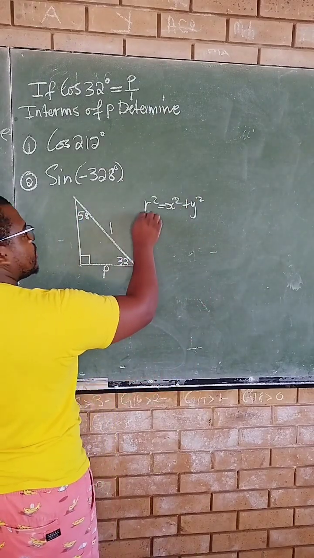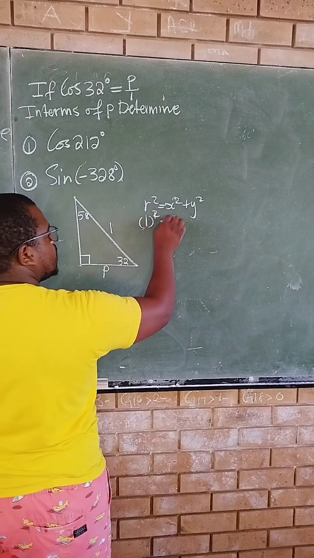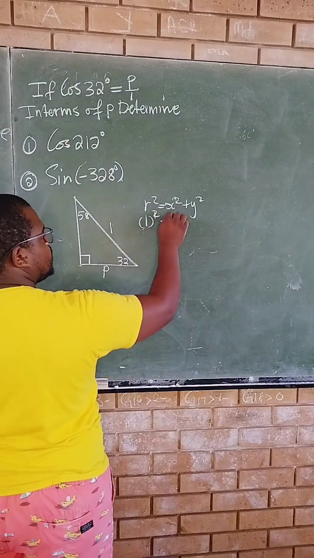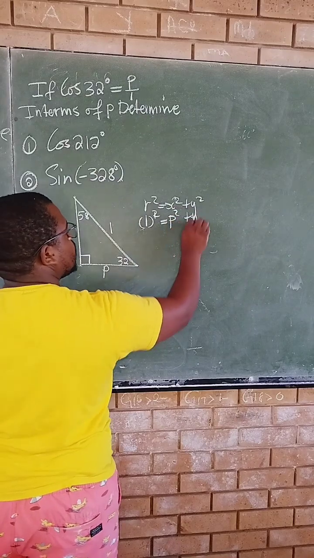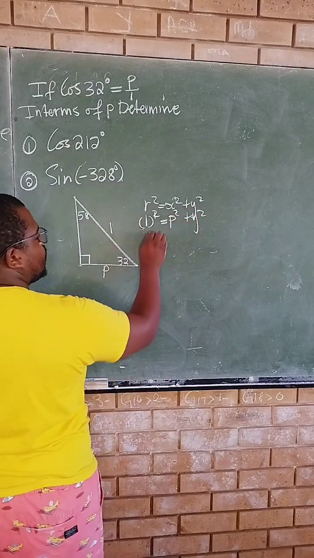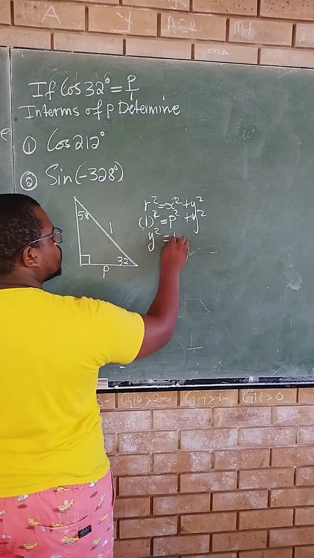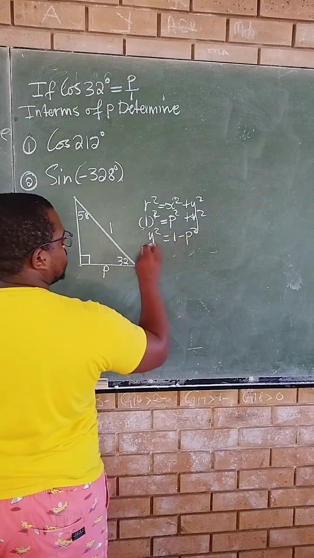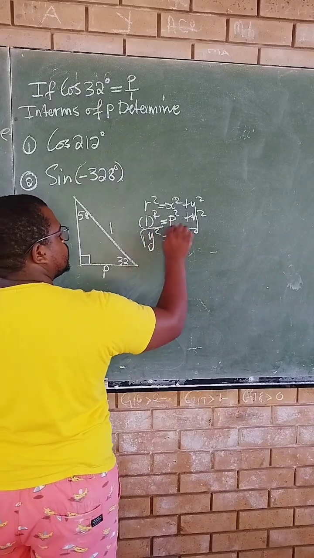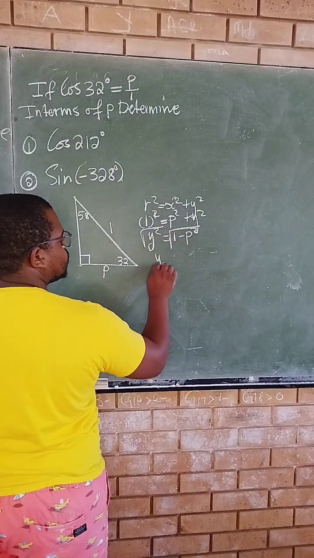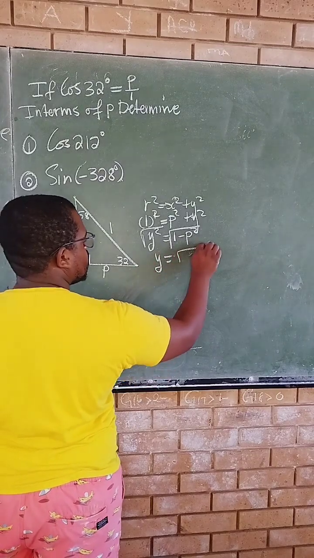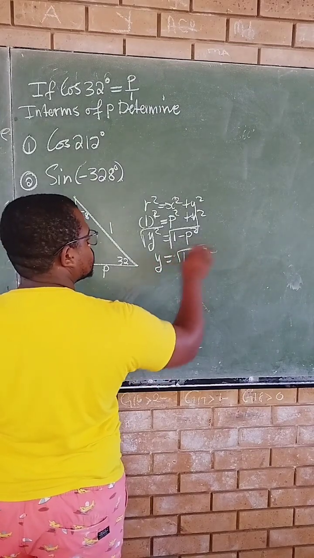My R is 1, all squared, equals my X is P all squared plus y squared, okay? Therefore, y squared is equal to 1 minus p squared. Then we put a root, then we know that y is equal to the root of 1 minus p squared, okay?